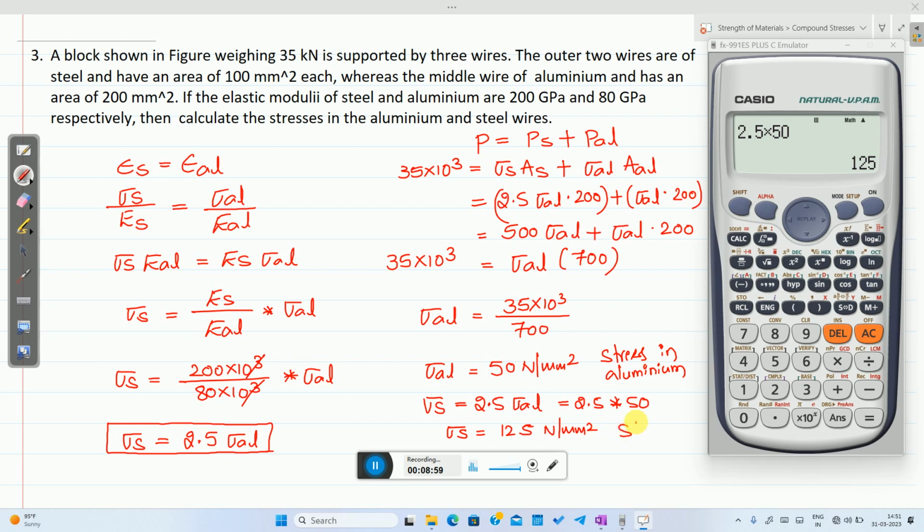So this is stress in steel. This is your first answer: stress in aluminium 50 Newton per mm square, and stress in steel 125 Newton per millimeter square.